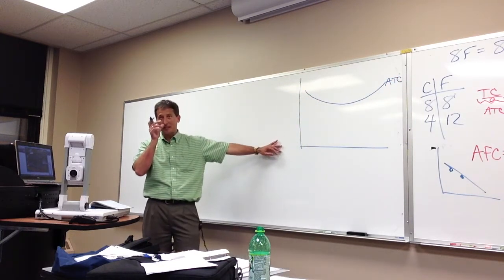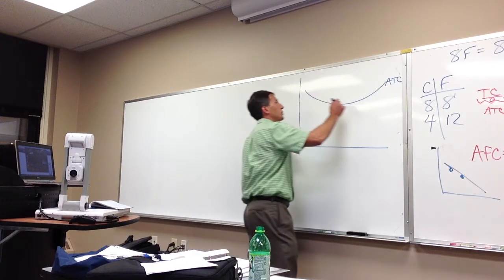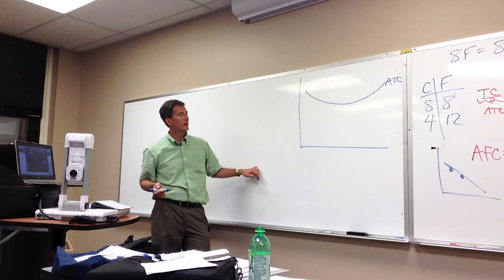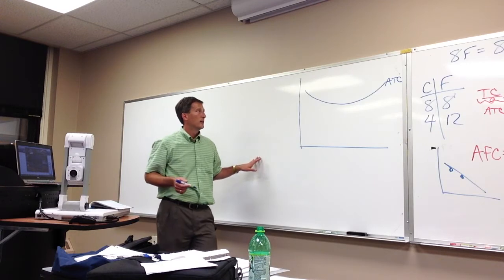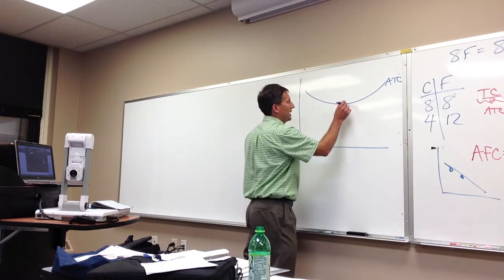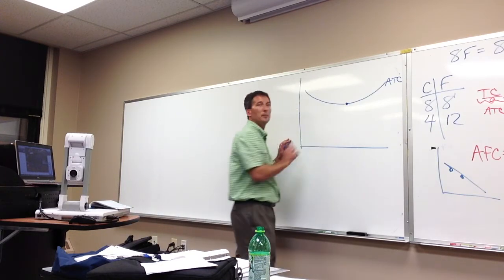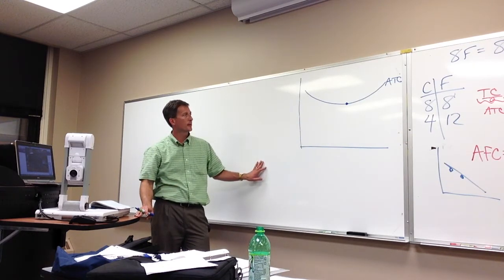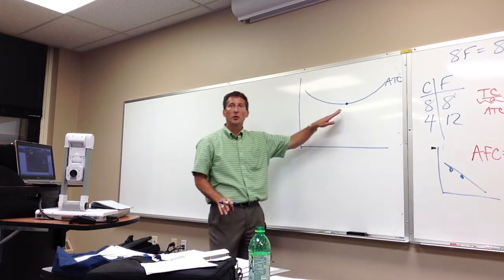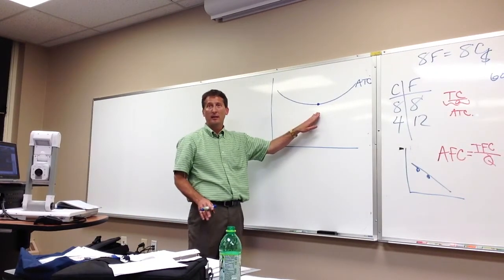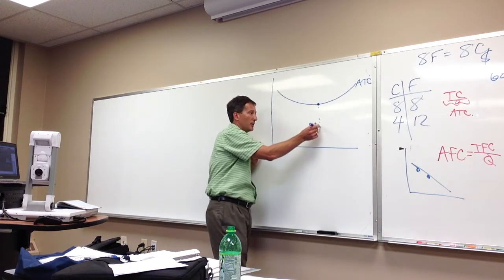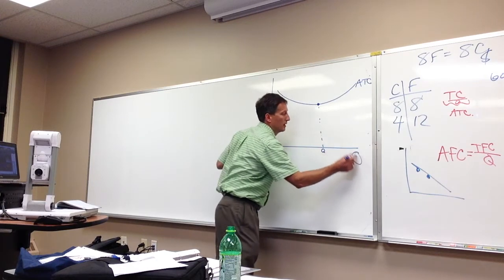Under most circumstances, it's kind of a bowl-shaped, U-shaped look. Now I want you to put a big fat dot right in the minimum point. That turns out to be kind of an important point for us. So that's where average total cost is minimized. That point, as we were working through other graphs, remember, is associated with a specific quantity down here.